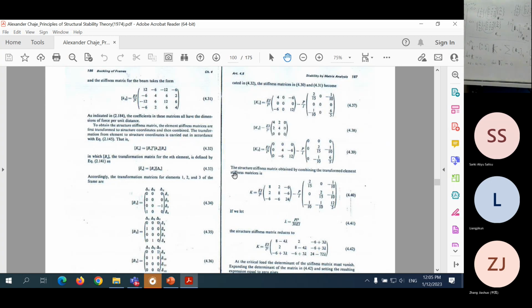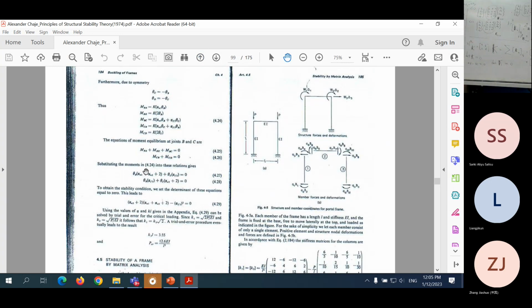When you combine this to get this, finally the big K is in this form. So please refer to that. Again, this is section 4.5, Stability of frame by matrix analysis.